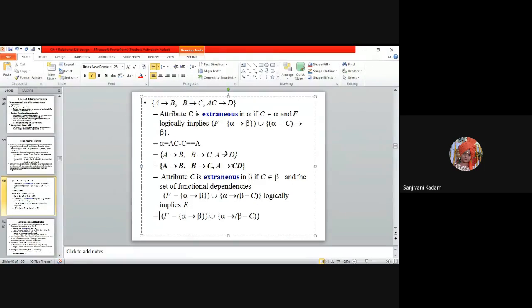So alpha minus beta, that is nothing but our functional dependency. If we remove this from our F, alpha is my A, so A I will replace. Beta is nothing but my CD. From the CD, we removed C. So F remaining after deduction of this functional dependency from the F will be only this much.